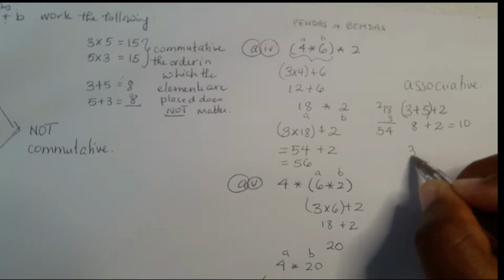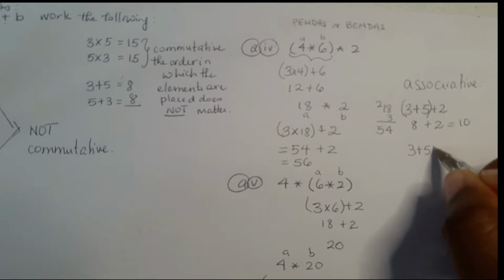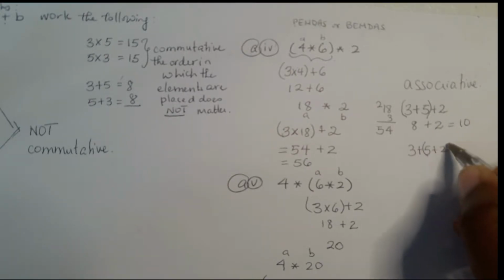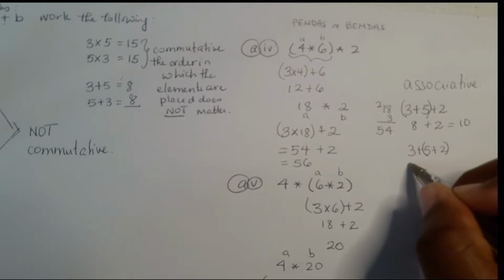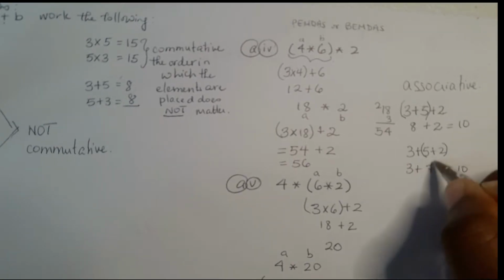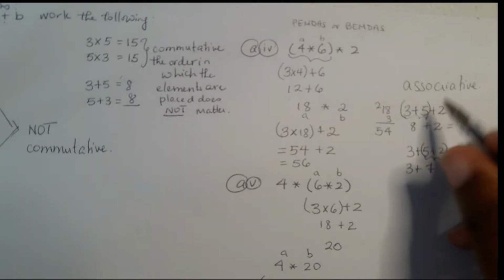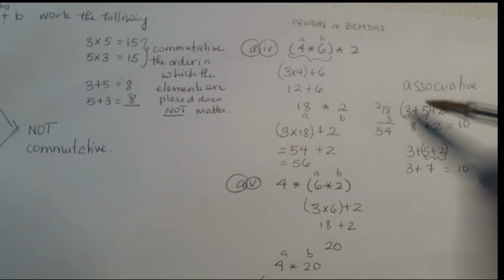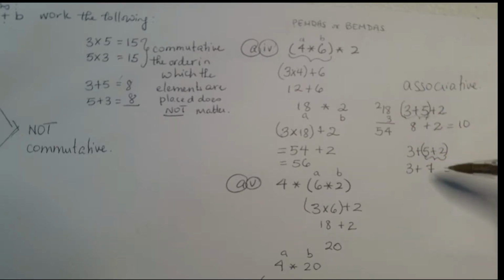Suppose we have again 3 plus 5 plus 2. And I place the brackets here. Now we have 3 plus 7. And that gives us 10. If you note, I worked out the bracket, right? So in this case with associative, the placement of the brackets does not matter.